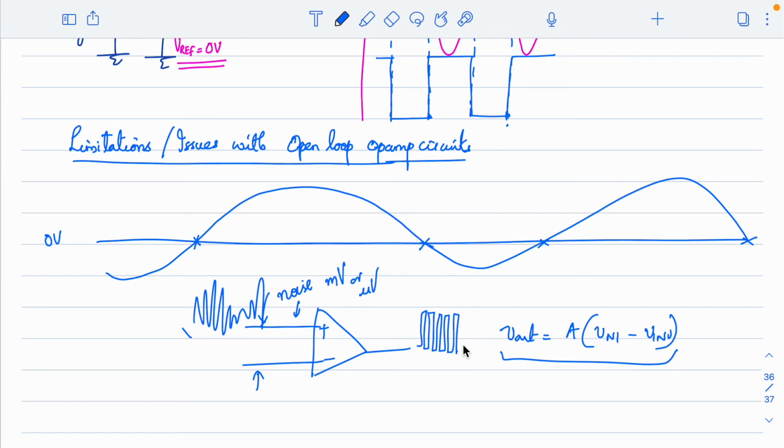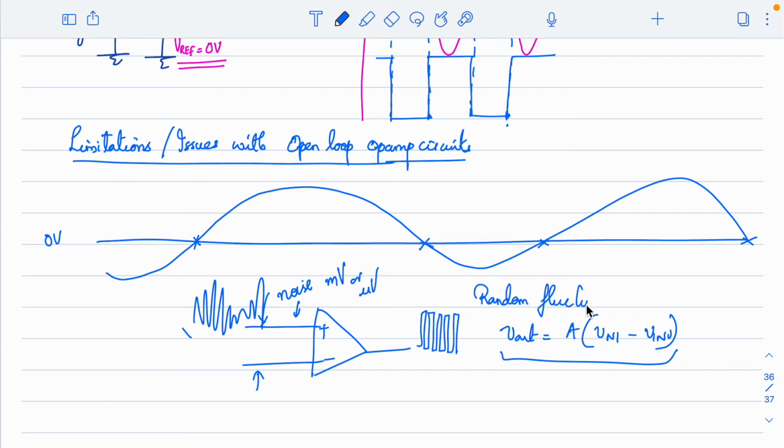Now the comparison is made between 0 and this slowly varying input signal, but if some noise signal comes at the input terminal, the Opamp will start responding by taking the noise as a reference, which may result in random fluctuations at the output, right?